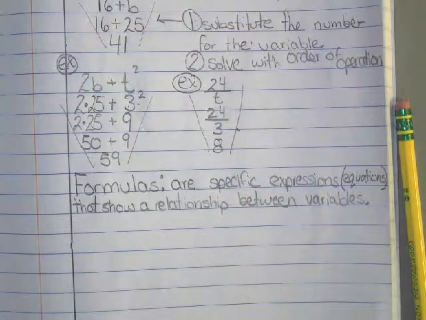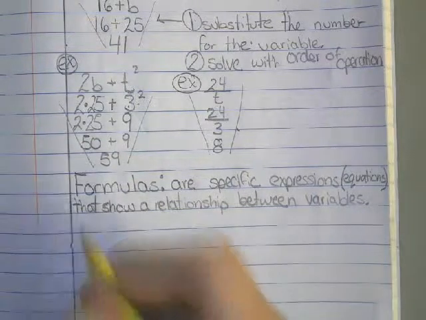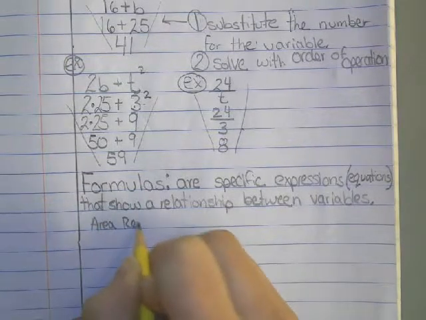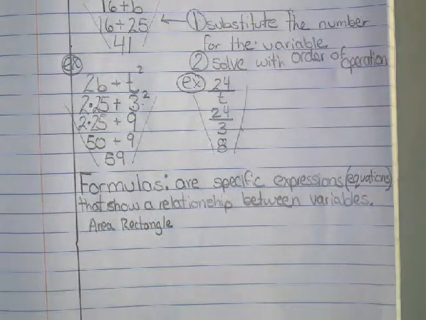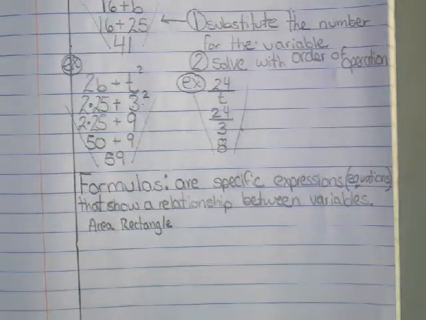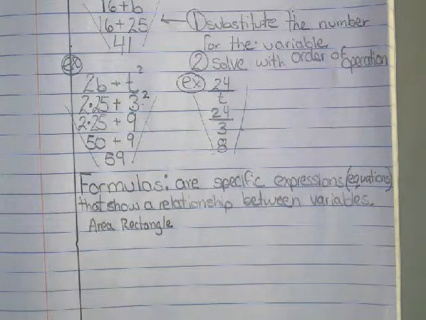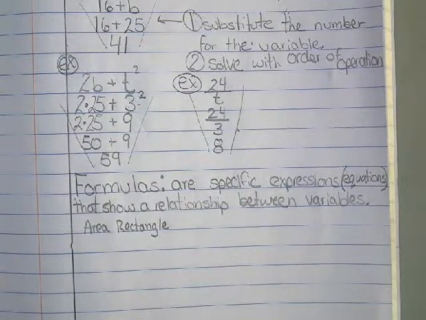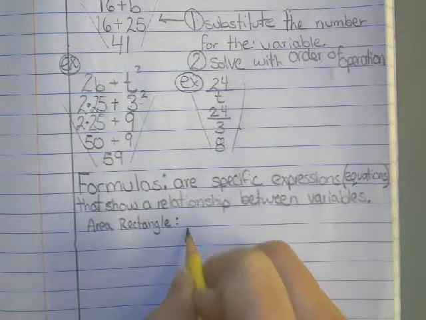So, for example, rectangles. Does anybody know how to find the area of a rectangle? How do you find the area of a rectangle? What do you do, Burley? Yeah. So that's actually a specific mathematical formula. And we write that mathematical formula like this.